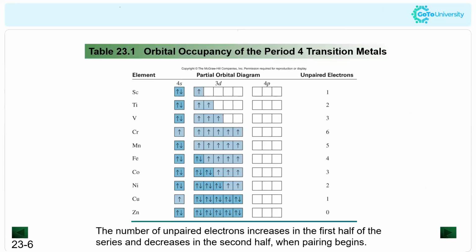Now here we can see the electronic configuration of period 4 transition elements, from the 3d transition series, from scandium to zinc. In the case of scandium it is 4s2 3d1, titanium is 4s2 3d2, vanadium is 4s2 3d3. This is how we write it. Here the electronic configuration is shown using box notation.